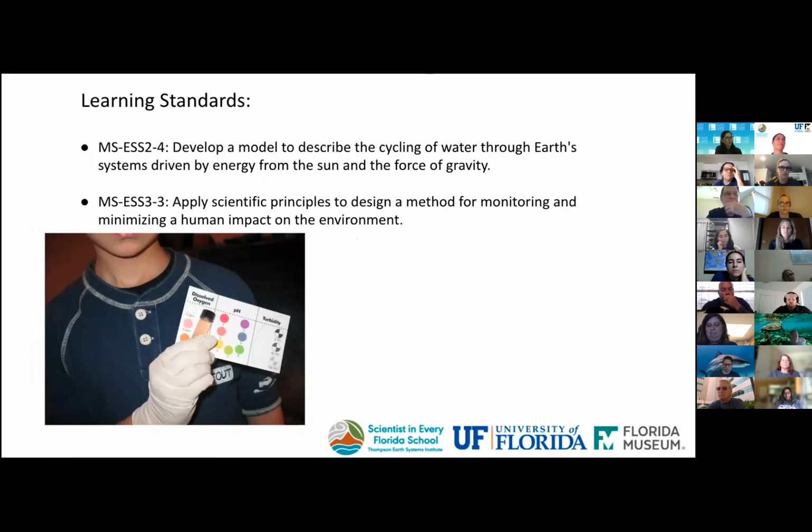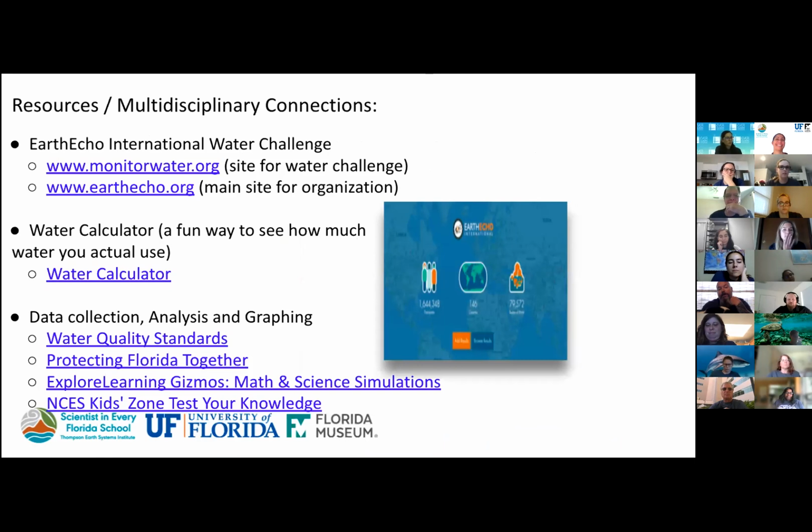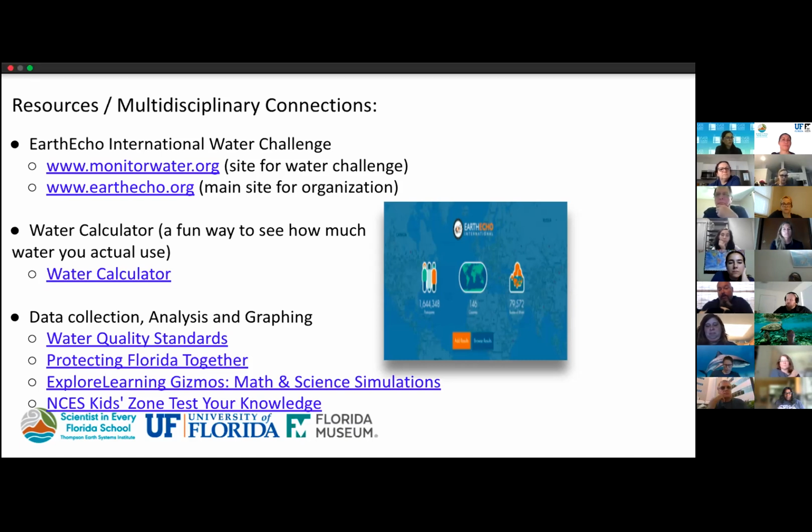Some of the resources and multidisciplinary connections that we added, that may extend outside the parameters of this individual lesson but could be beneficial in other lessons, were obviously the Earth Echo main site for the organization, as well as the site needed for this particular exercise, and a water calculator, which is a virtual, kind of fun way where they can go home and get involved with mom and dad and see how many times they do laundry, how many times they wash the dishes.